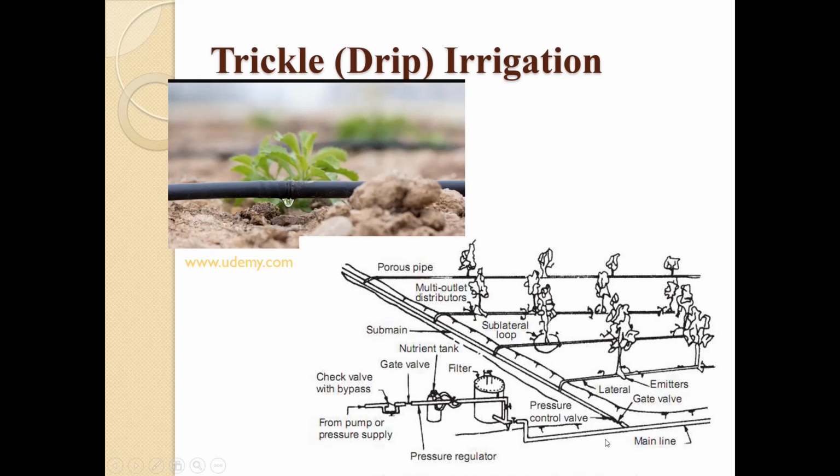This is the control valve. These are the main line. This is the gate. These are the laterals and these are the emitters.